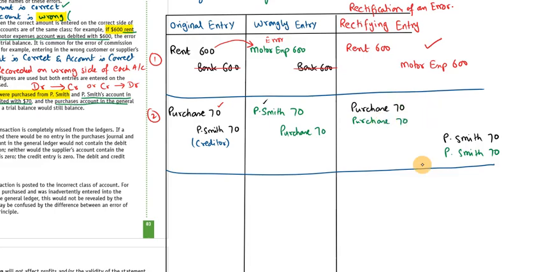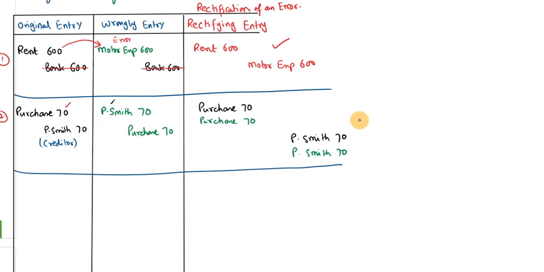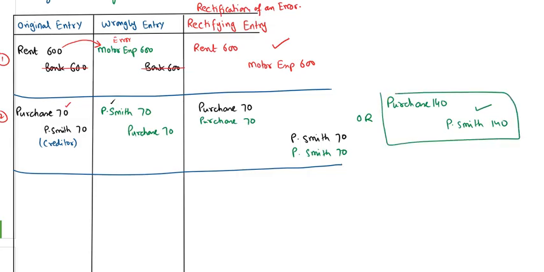So this is the rectifying entry. And at the end, we should pass this one comprehensive entry, the final entry: purchase debit by 70 plus 70, 140, and P Smith credit by 140. So this is the final rectifying entry related to this error.